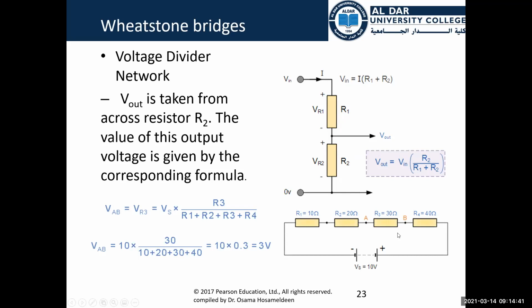Okay, the idea is very simple. The idea is just to know the percentage of this value corresponding to the total value of all resistances. It is just to divide R3 by the total resistance: 30 over 10 plus 20 plus 30 plus 40.